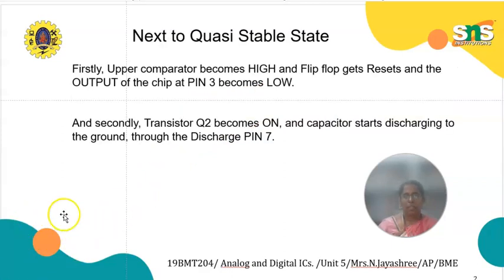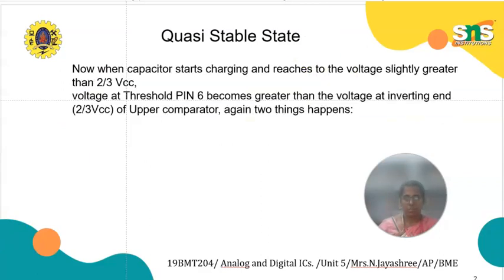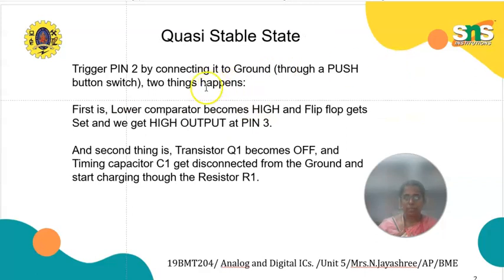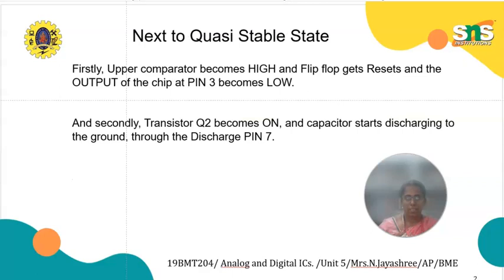Next to the quasi-stable state, the upper comparator becomes high and the flip-flop gets reset. The output of the chip at pin 3 becomes low. And secondly, the transistor Q2 becomes on and the capacitor starts discharging to the ground through the discharge pin 7.